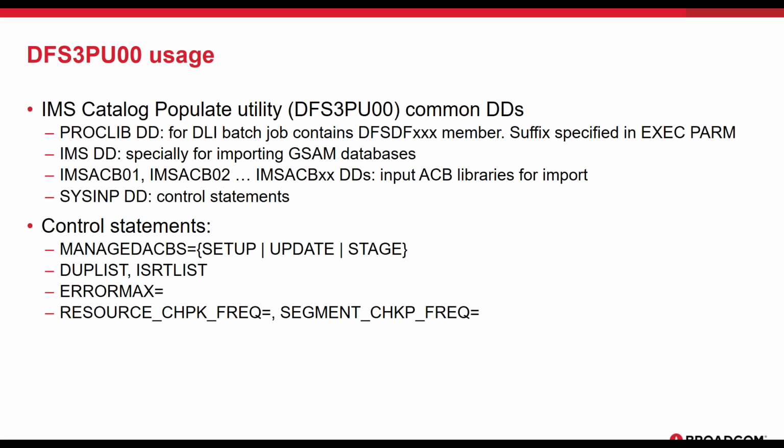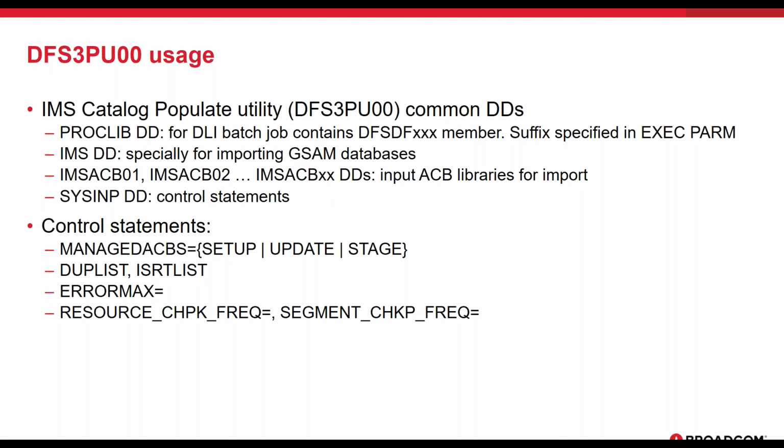Here you can see more or less a summary of the DDs we've just gone through. Here are the control statements you can put there. The managed ACBs option has three values: setup, update, and stage, and we will talk about them in the next slides.